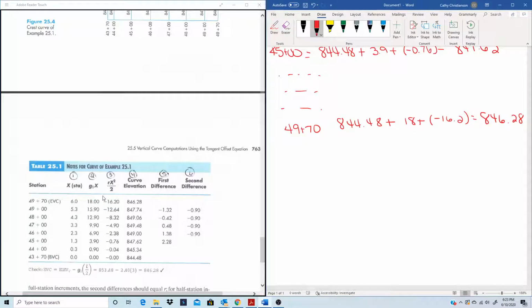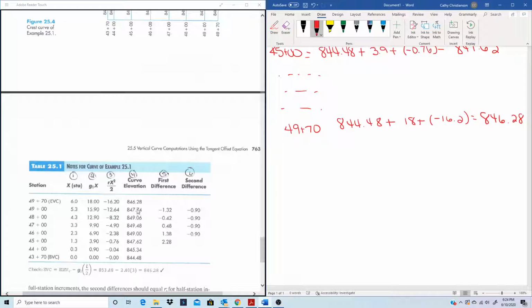If I was doing this on a test, I would do my first difference and second difference, because what we're going to see is that this number should come out to R if we've done our calculations right. Now, the first and second difference is a difference between numbers, but you can only do this for 100-foot stations. So I cannot do it between the 49+70 and the 49 because it's not 100 feet. That's only 70 feet. So the very first one that I'm going to do will be between the 49 and the 48.